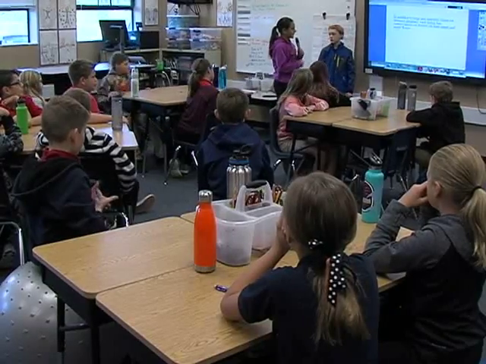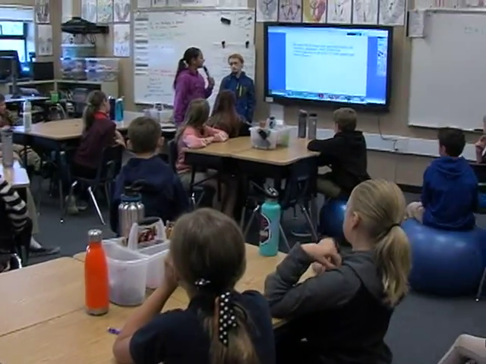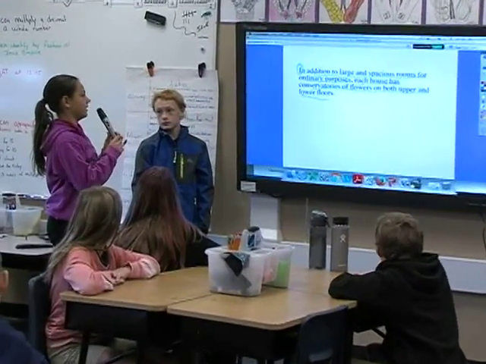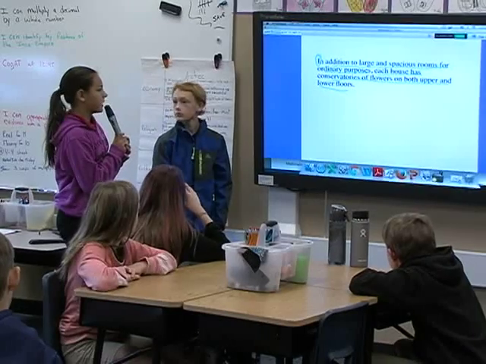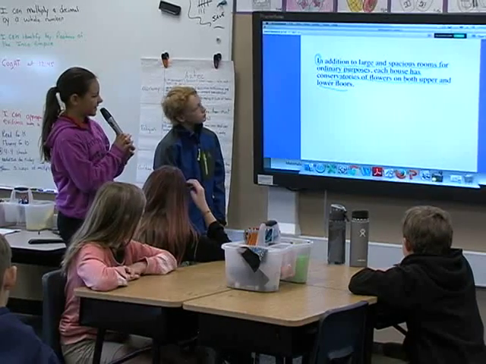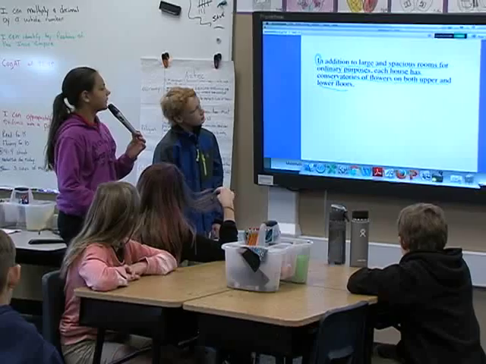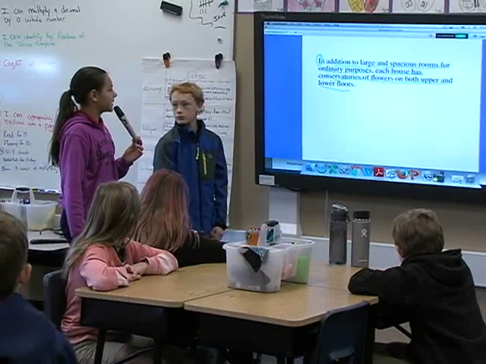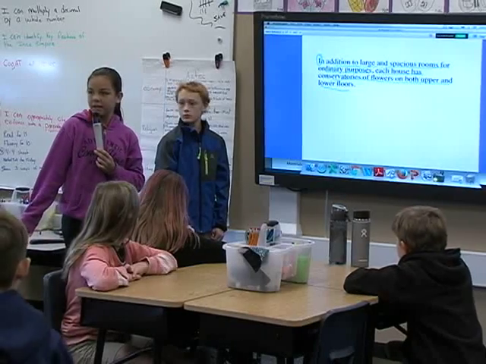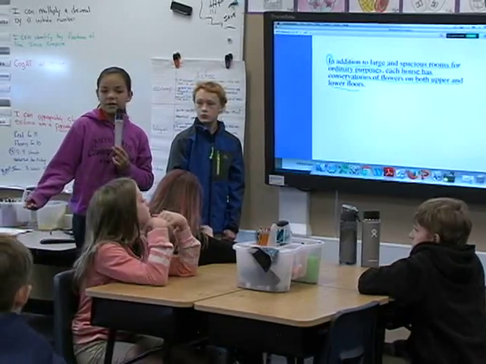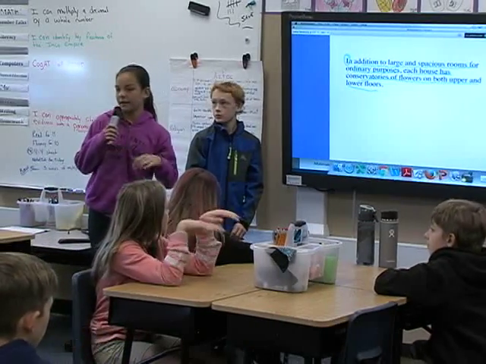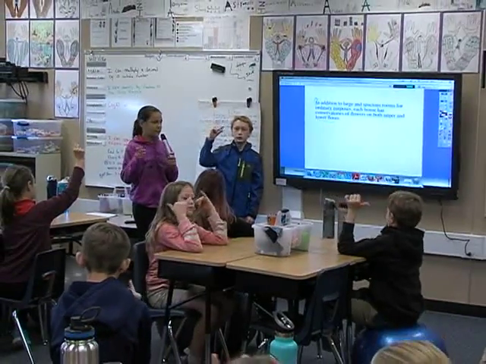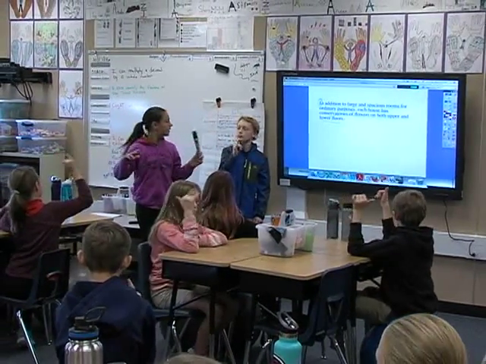I think it's a dependent clause because, for like, in addition to large and spacious rooms for ordinary purposes, I think it can't be a sentence on its own. It has to be together.